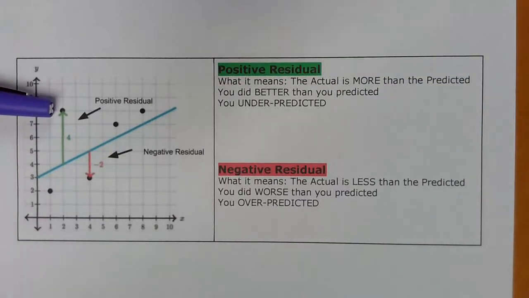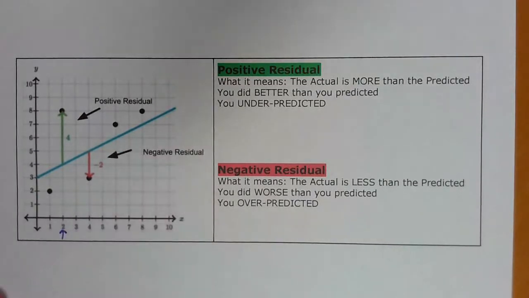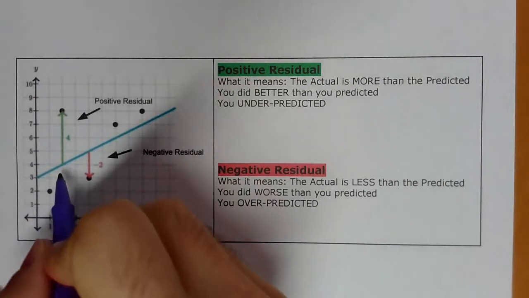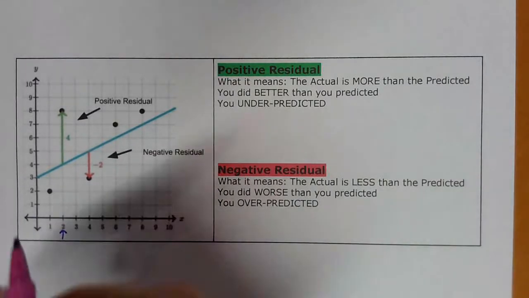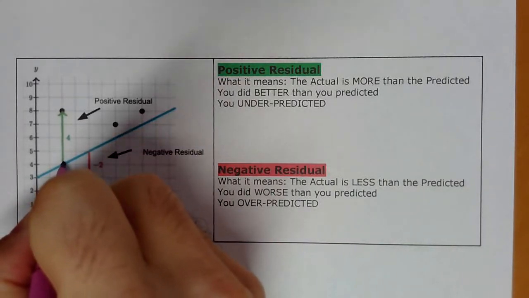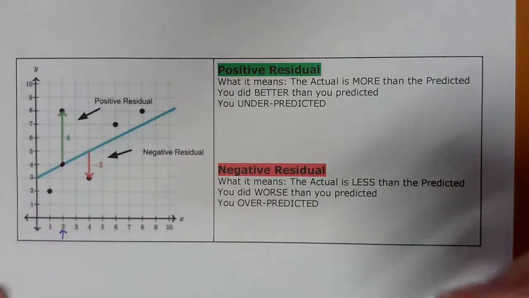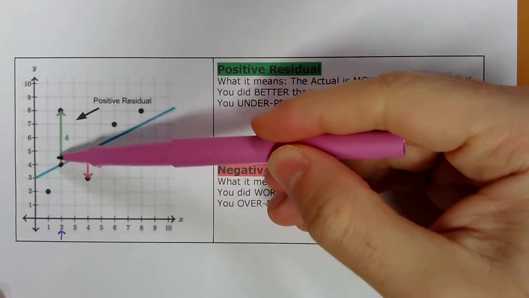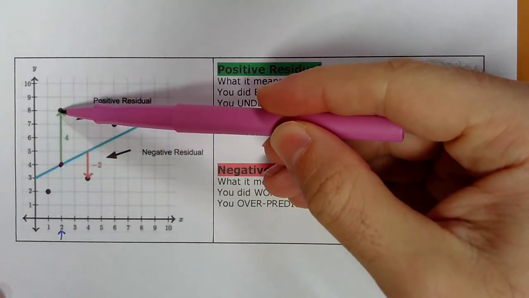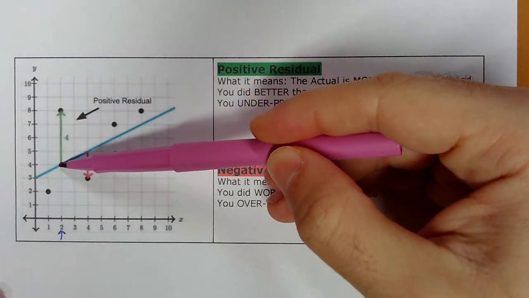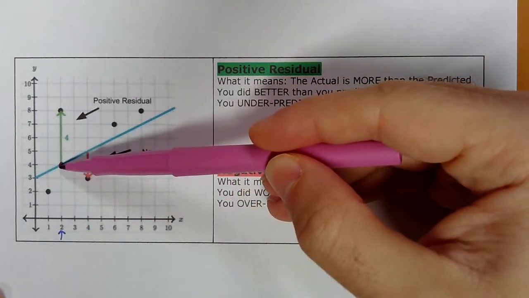So we have this data point, which is at 8, and we have the line of best fit, which at that same x value, call it 2, that point on the fit line, I'm going to draw it here in pink, is at 4. So the residual is telling us that the data point is 4 above the prediction of 4.